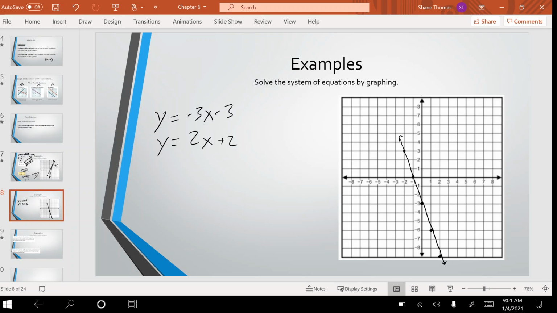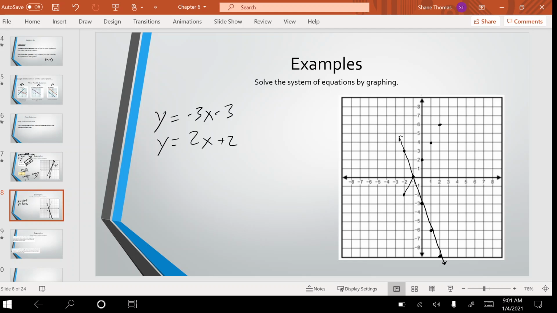So that one works. Second one, y equals 2x plus 2. So I'm at positive 2. My slope is 2. Up 2 over 1. Now, obviously, if I keep going right, that's not really going to cross, is it? So let's go back here and just do it opposite now. Down 2, left 1. Down 2, left 1.